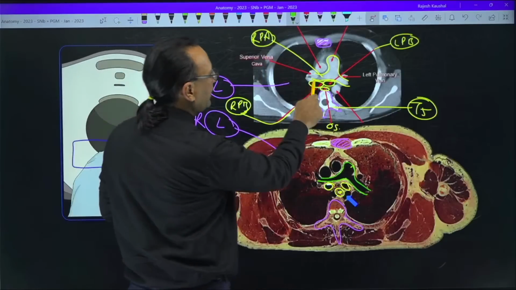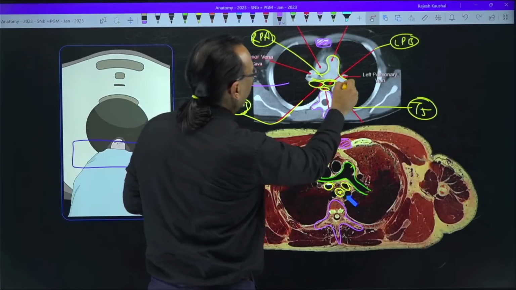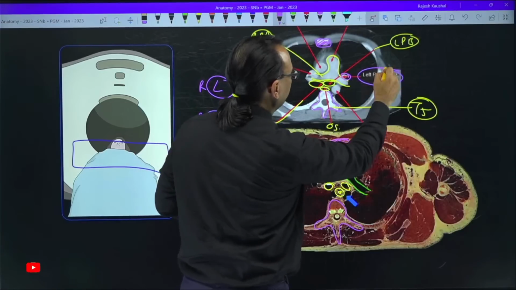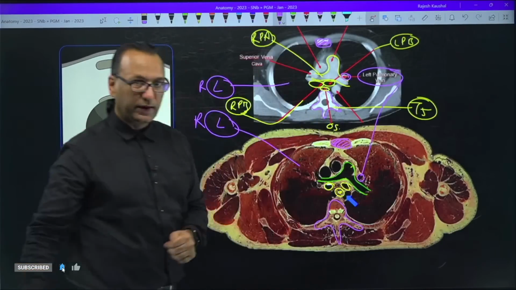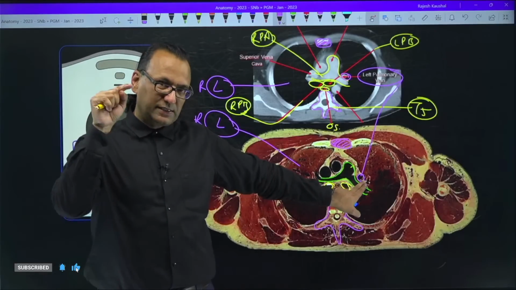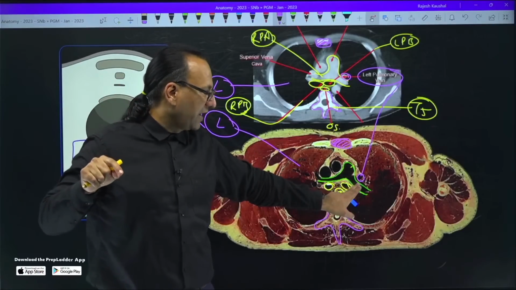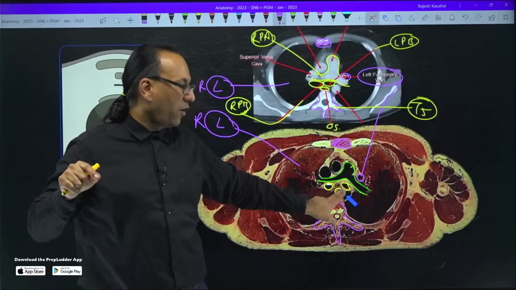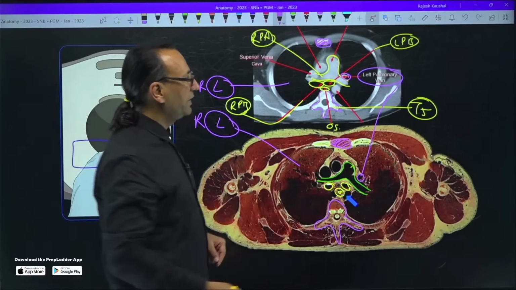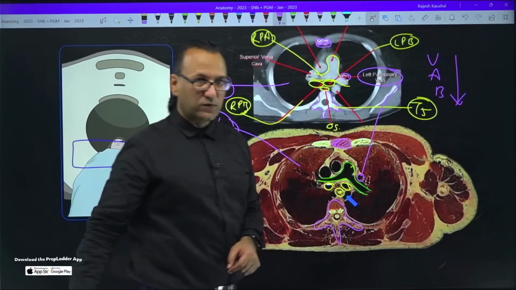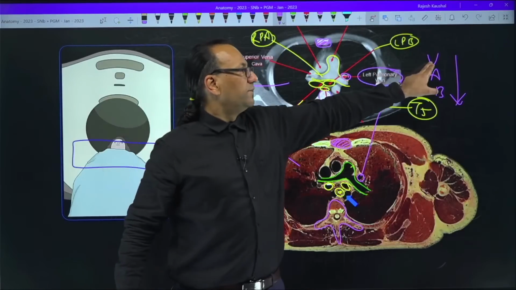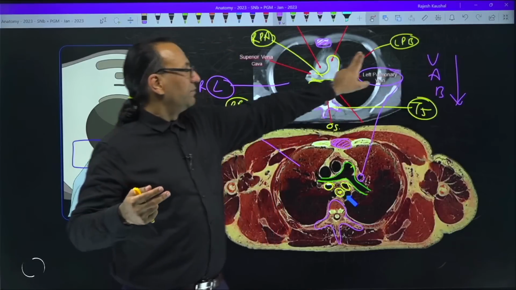Now if this is pulmonary artery, what is still in front of that? That is pulmonary vein. So vein is most anterior, artery is sandwiched, and the bronchus is posterior. The arrangement is VAB. V, vein, most anterior, pulmonary vein.